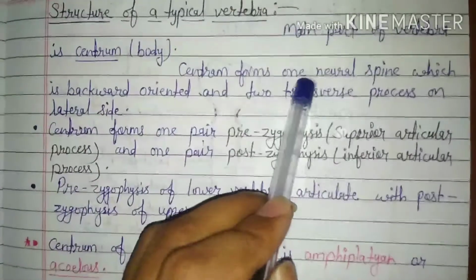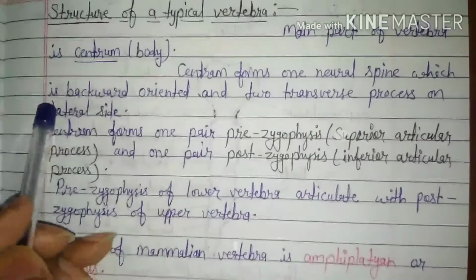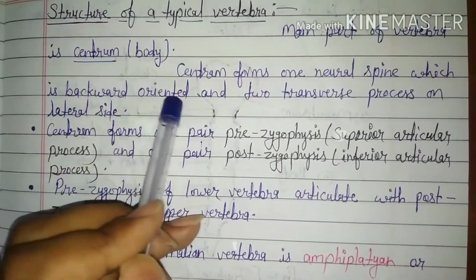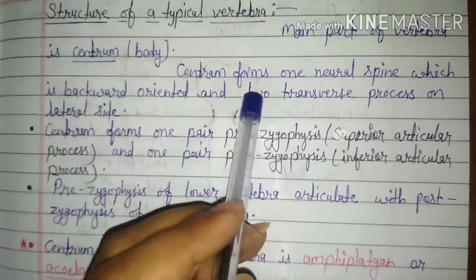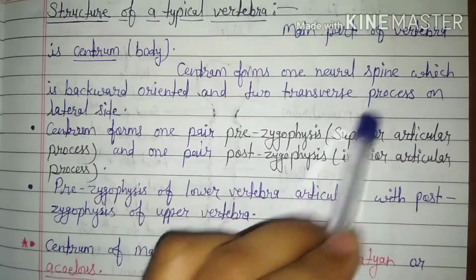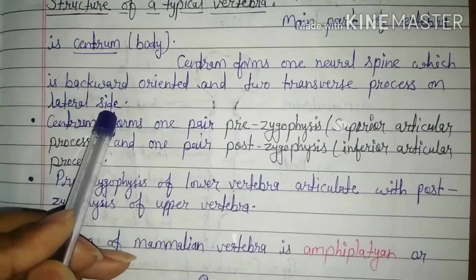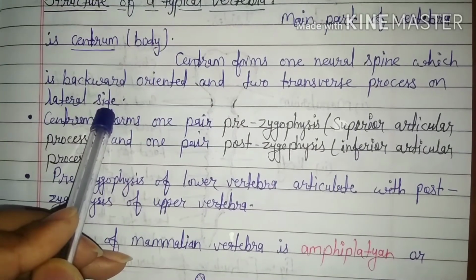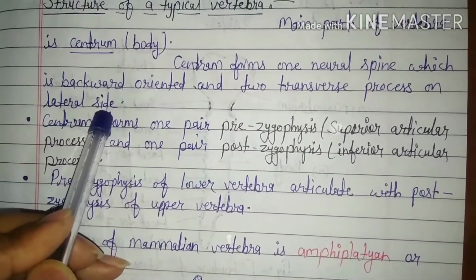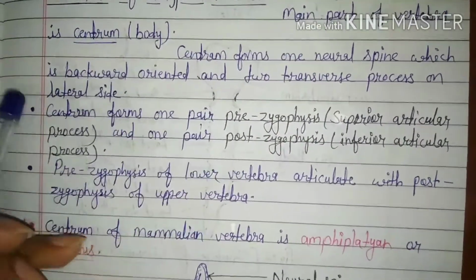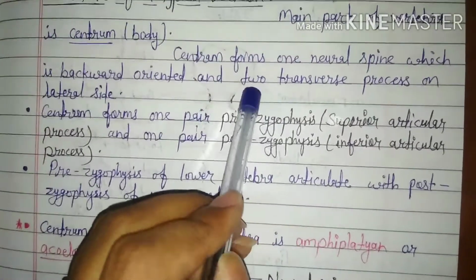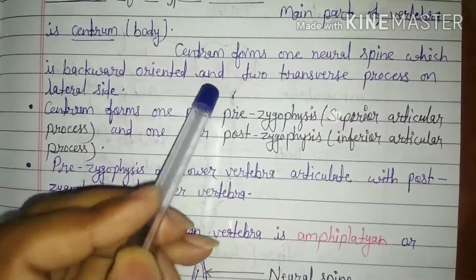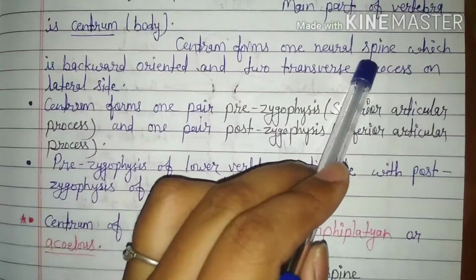Centrum forms one neural spine which is backward in orientation and two transverse processes on the lateral sides. It means the body forms transverse processes on both sides and the neural spine on the front side.